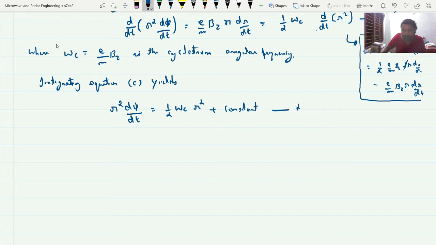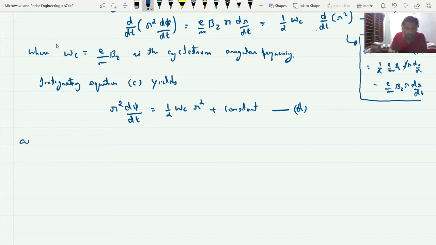I call this equation D. Just a minute, I will verify that. Okay, r square d phi by dt equal to 1 by 2 omega c r square plus constant. That's correct.